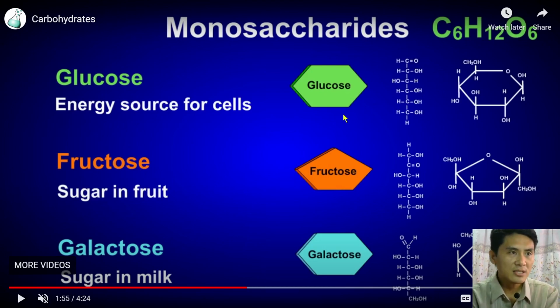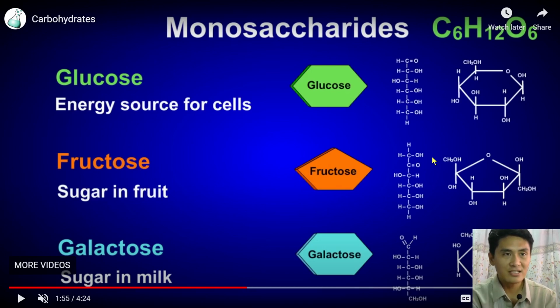By the way, these glucose, fructose, and galactose are called hexoses, meaning these are sugars that have 6 carbons. If you remember when we discussed in the third quarter the deoxyribose and ribose, those are pentoses, sugars with 5 carbons.